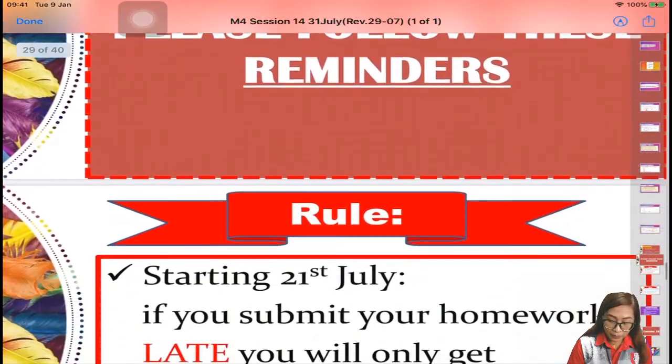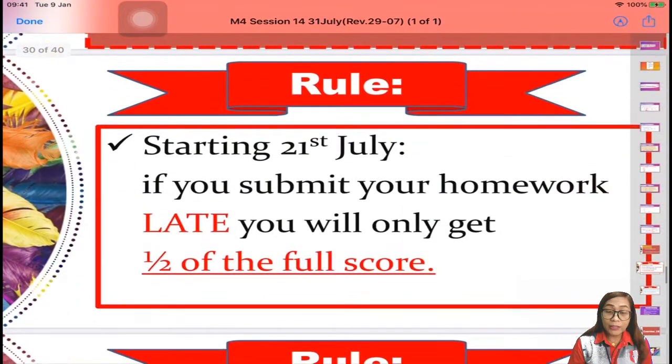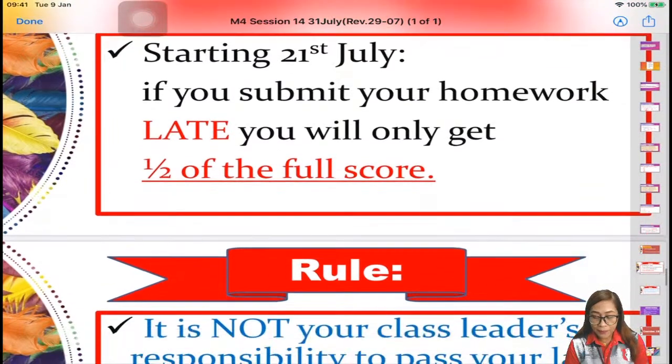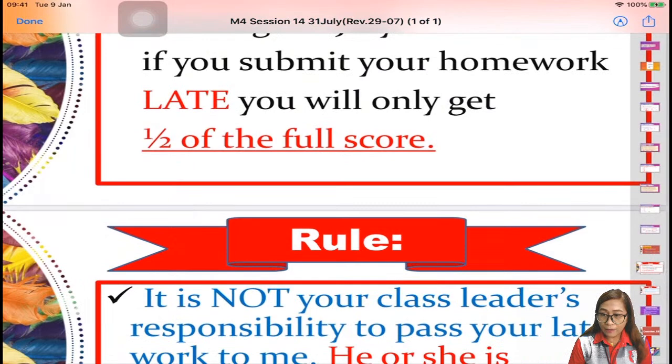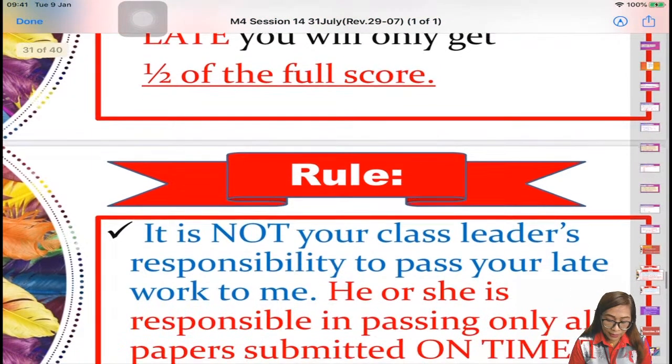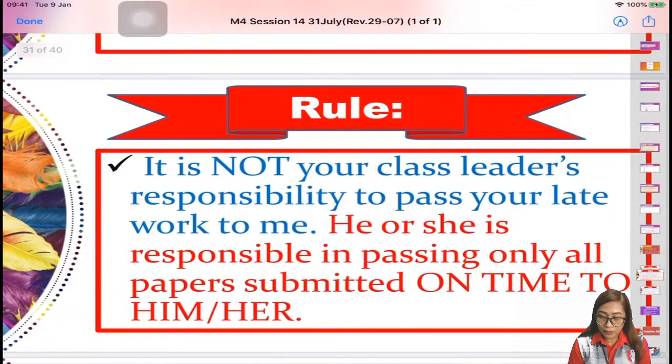Follow these reminders. The rule is starting 21st July, if you submit your homework late, you will only get 1/2 of the full score. It is not your class leader's responsibility to pass your work which is late. If you are late, it's your responsibility to go to my office and submit it.